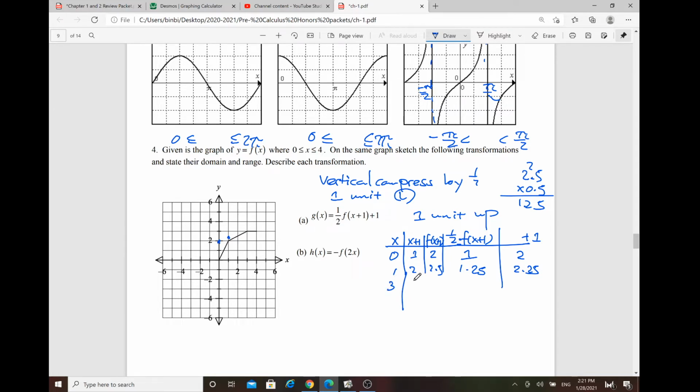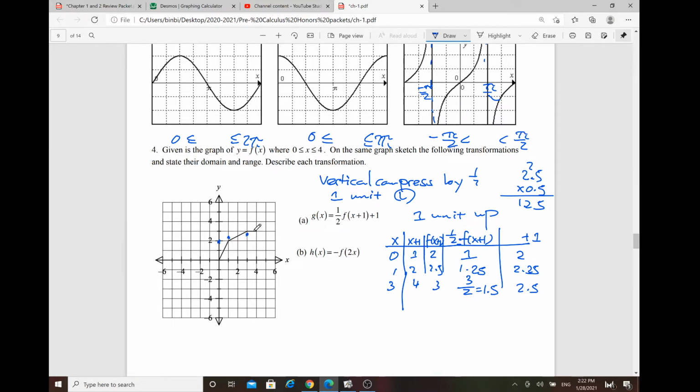So 3 plus 1, then that's 4. And then f of 4 right here, that's 3. So 3 times 1/2, 3/2, 1.5, plus 1, 2.5. So the new position at 3 is 2.5. So 3, 2.5.